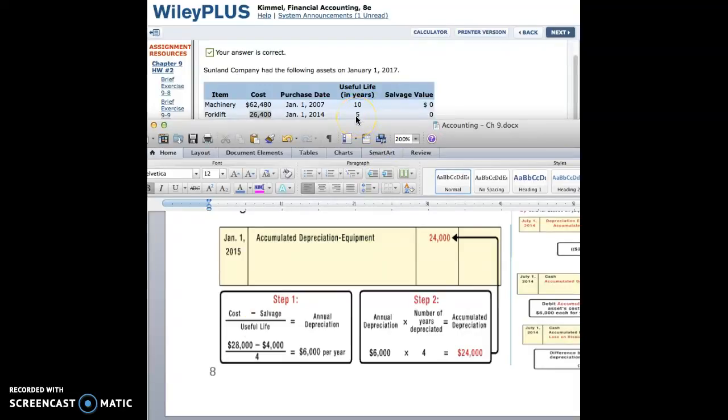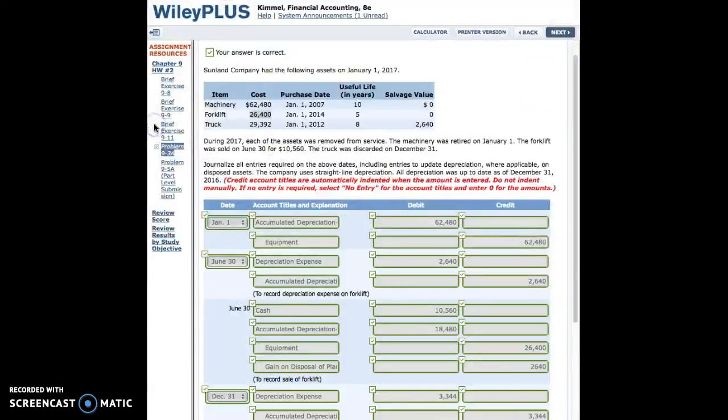So when we do that, it tells us what the depreciation for each year is, and that turns out to be 5,280.